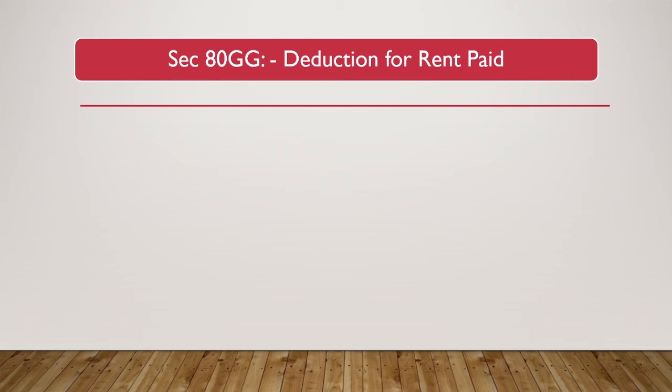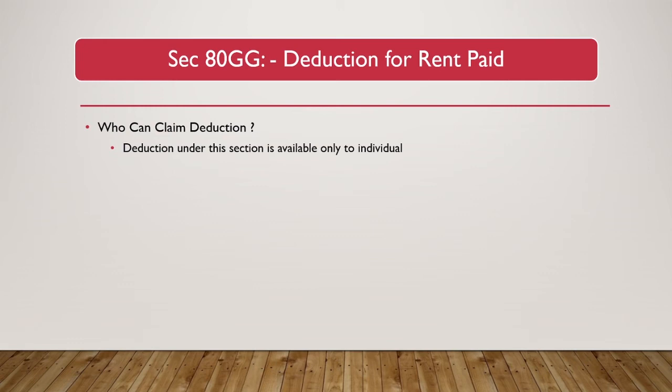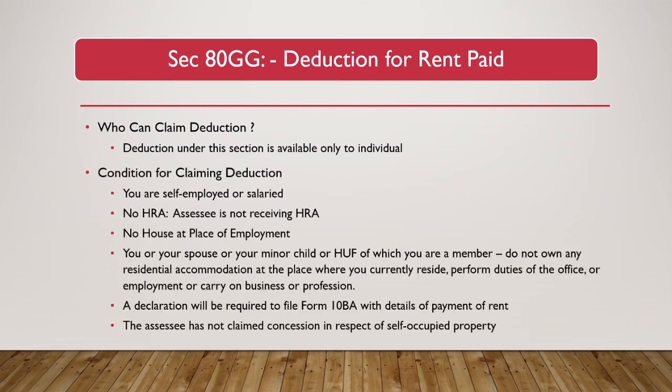So friends, we should know who can claim this deduction. Only individual SSC can claim this deduction. No other SSC can claim this deduction. But friends, there are certain conditions for claiming this deduction. SSC shall not have any self-occupied property in the area in which he is residing in rented accommodation.